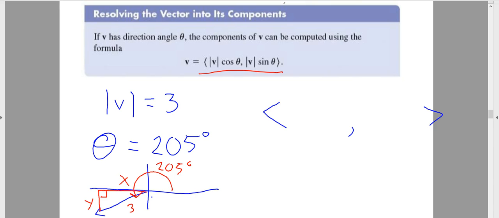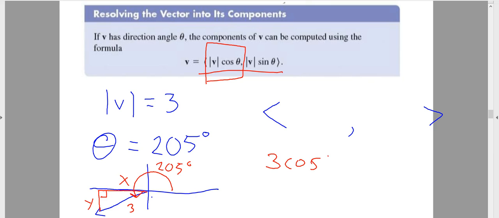Well, we know the magnitude is 3. So what am I going to do with the 3? Well, you need to find the other 2 legs. Well, look at what the formula tells me to do. If you want to find the x leg, you just have to do the cosine of 205, right?